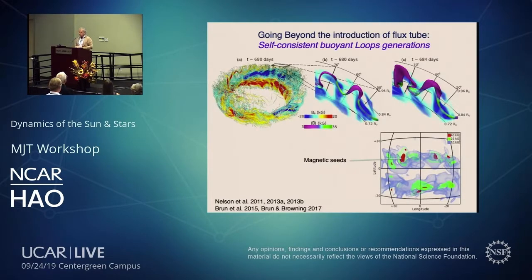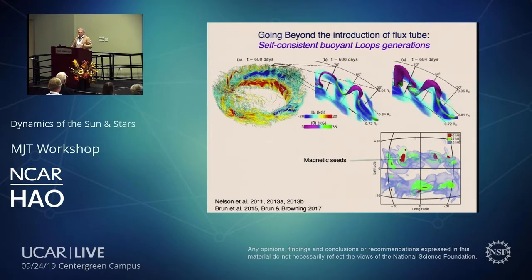We have first results with a former student of Yuri, Nick Nelson, and work we have done subsequently, on omega loops, like you have seen in the movie also, that can be formed and can be at the origin of sunspots. But right now, we haven't got such sunspots being formed.